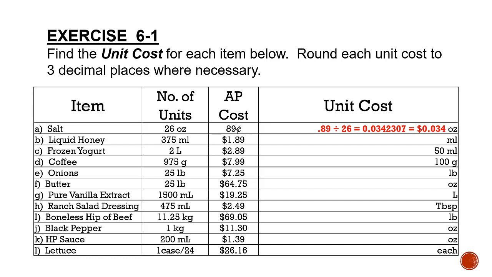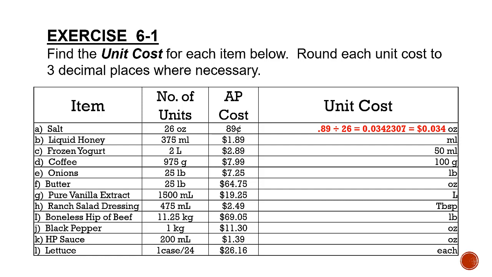Rounded off to 3 decimal places, we get just over 3 cents, or decimal $0.034 per ounce. Now that we have that price, we can calculate the amount of any ounces that we have. So if we have 22 ounces, we multiply this unit cost by 22.